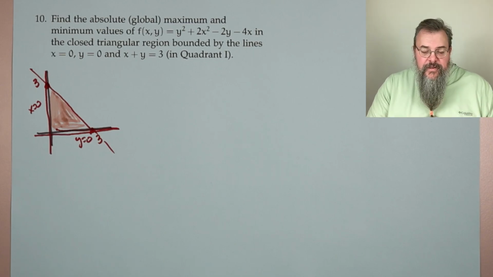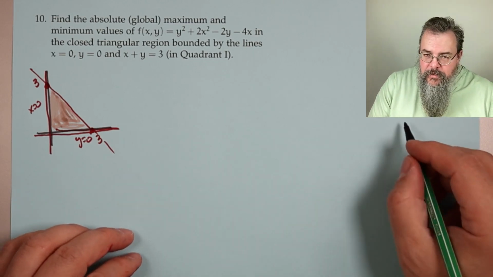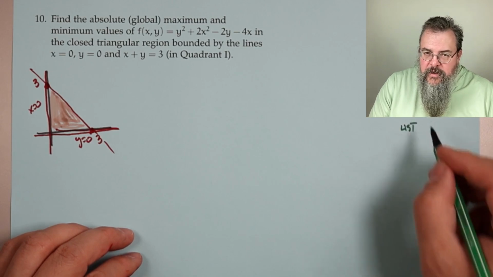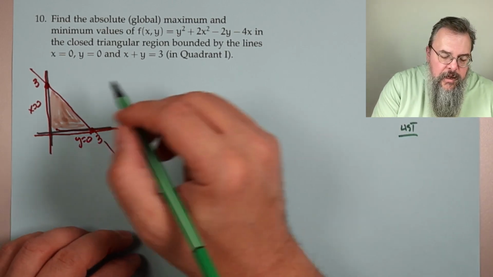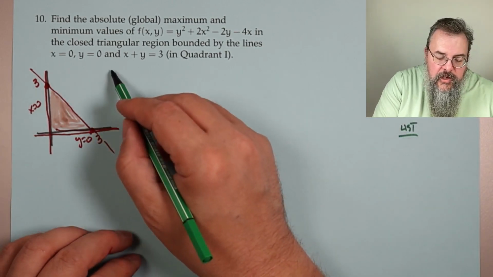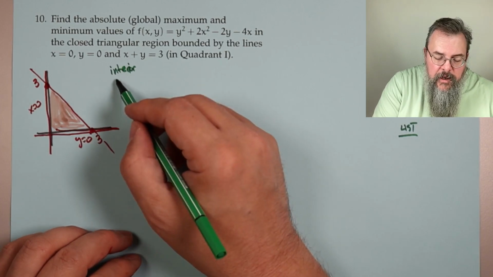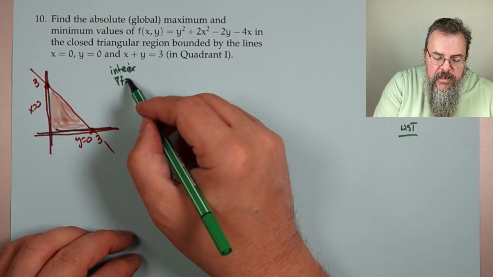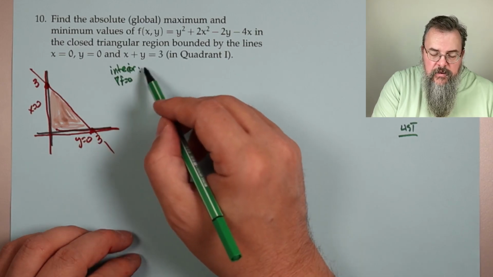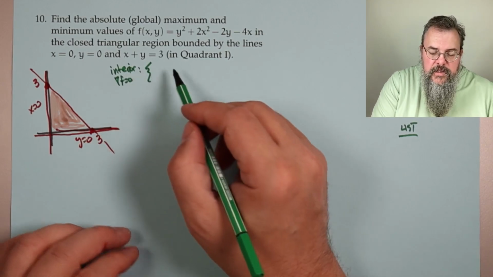Now, the first place to look in our list, so we're making a list over here. Here's our list. Well, we have the interior. So the interior, how do you check that? That's gradient of f equals 0. So that leads us to the equations.